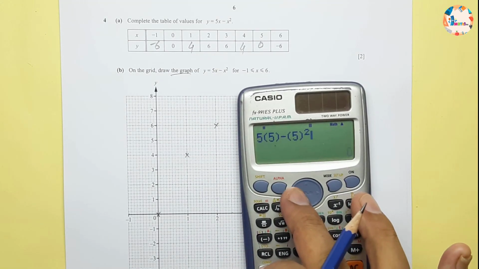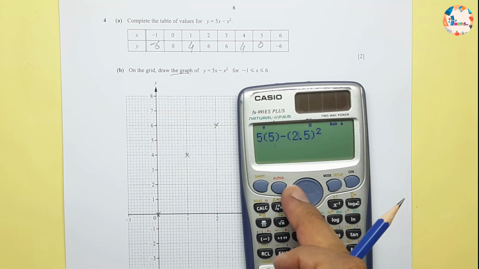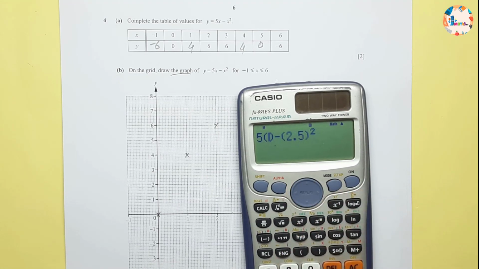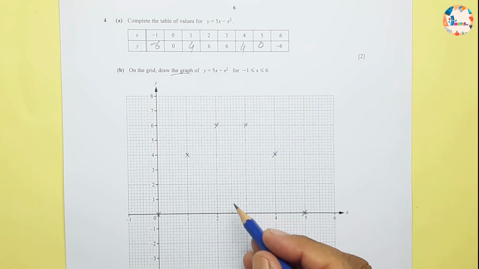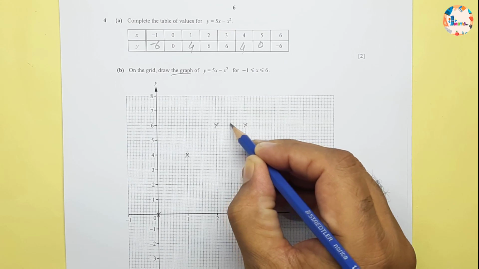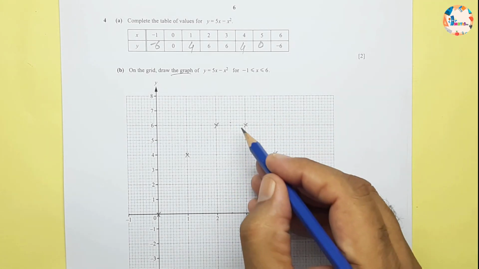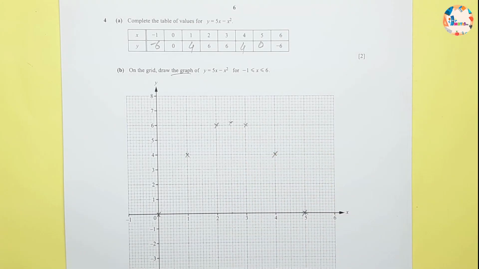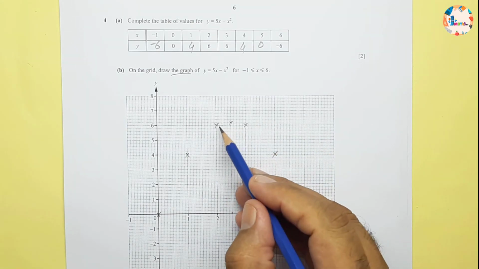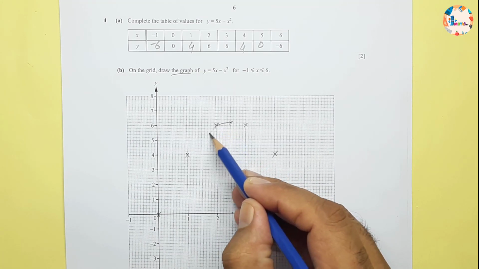If we replace 2.5 over here, we'll get the exact value, which is 6.25, so a little above 6. So we can take this location.